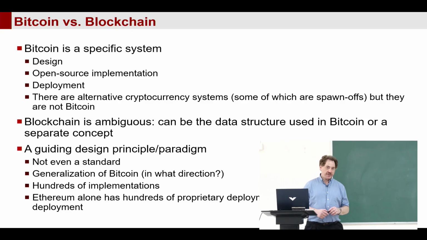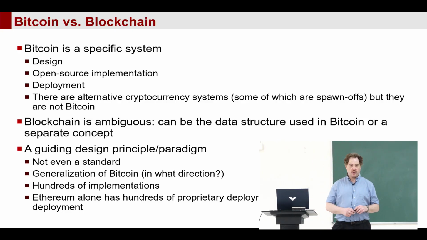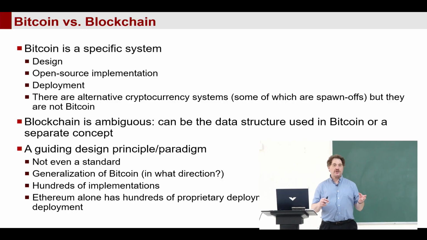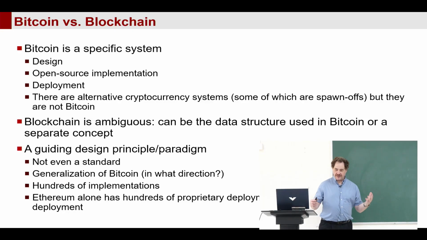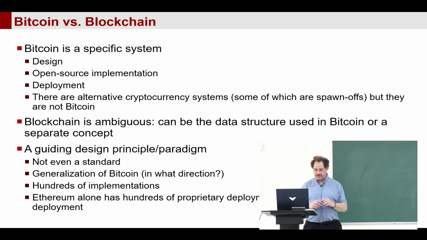So people would say it's a generalization of Bitcoin, but in what direction, right? In practice, you ask people what is a blockchain, the number of different answers you will be getting will be approximately equal to the number of people you ask. So it's so varied and diverse.